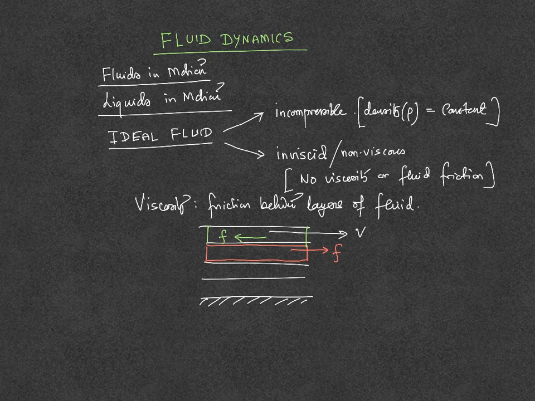That means it is friction between layers of the fluid. Viscosity, we will learn in detail in a different topic. Okay, so ideal fluid is a fluid which is incompressible and also inviscid or non-viscous.